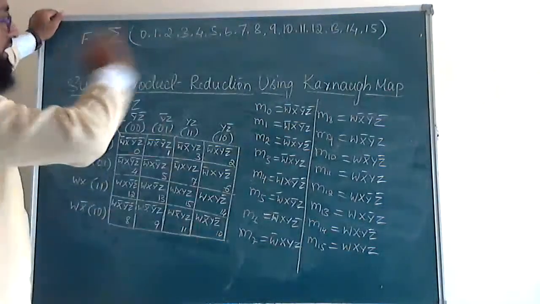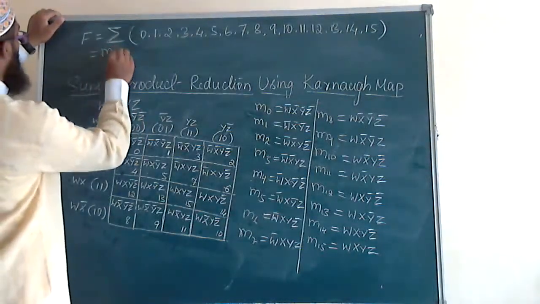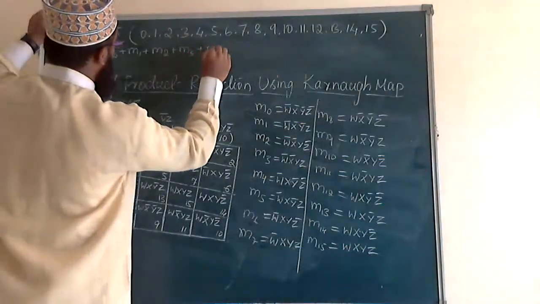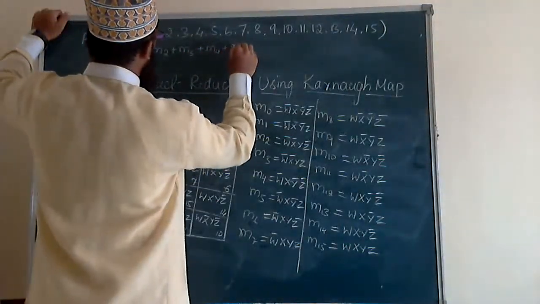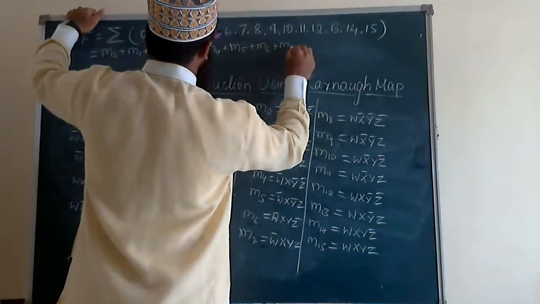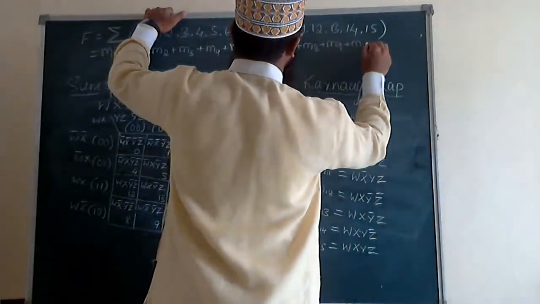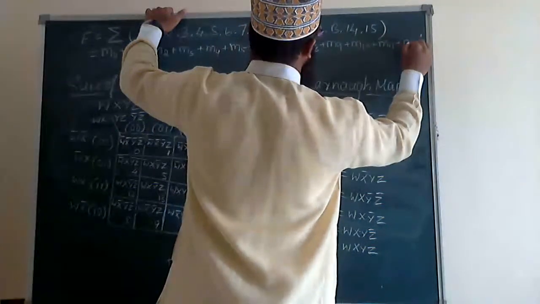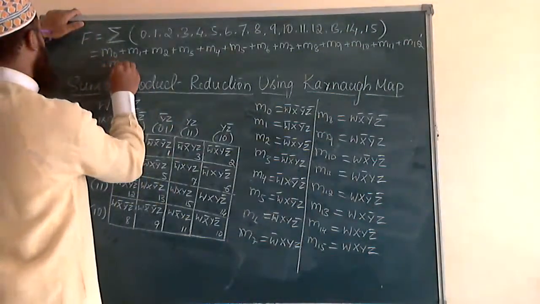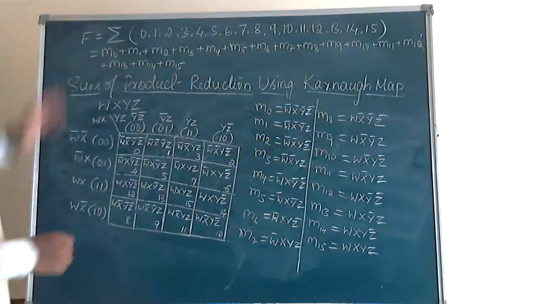While writing, we can write in serial number: m0 plus m1 plus m2 plus m3 plus m4 plus m5 plus m6 plus m7 plus m8 plus m9 plus m10 plus m11 plus m12 plus m13 plus m14 plus m15. Like this we have to write.